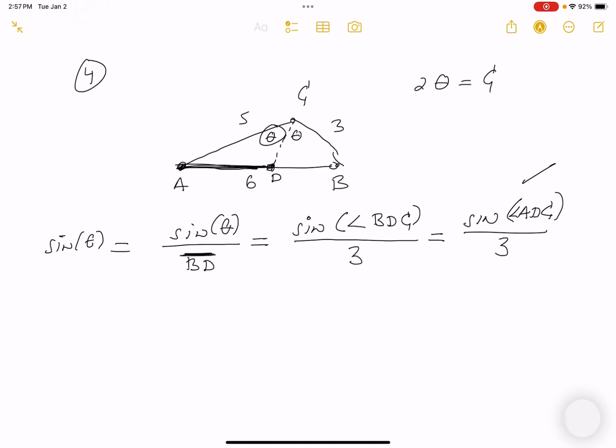I got the ADC over 3, and that'll be sine theta over the length of AD. All right. Wow. What do I got now? Make sure I said that right, by the way. ADC. No, that's not true.